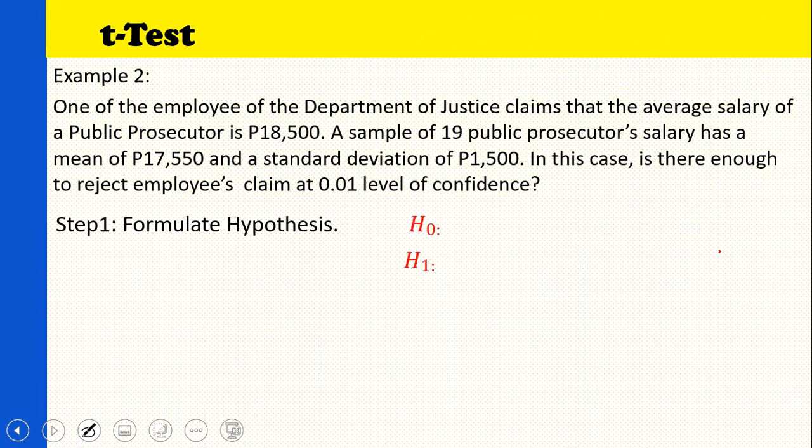So let's have the following hypothesis. Our null hypothesis: the average salary of a public prosecutor is 18,500.